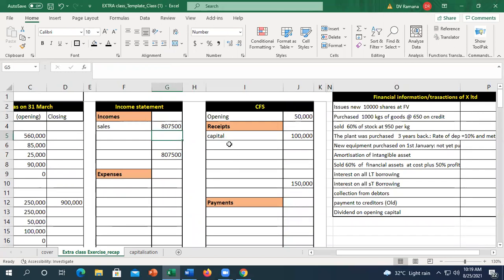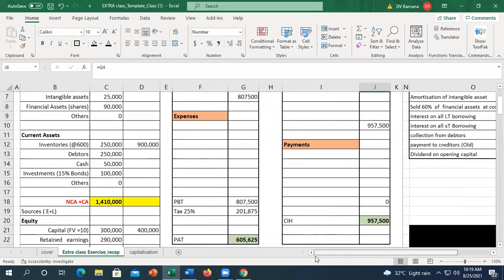It is not mentioned, so let us assume that this is for cash. Therefore it's a receipt and also an income. If it were not on cash, the debtors would have increased. In this case there is no change in the debtors.